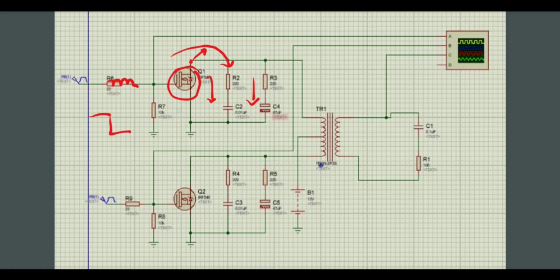Basically we can use these paths to protect our switches, and if our switches are protected, we can use our inverters properly. So that is the basic reason why we have used these two paths across the drain and source of our MOSFET switches, so that we can use the switches in the most efficient way. So this video was about this, and thank you very much.